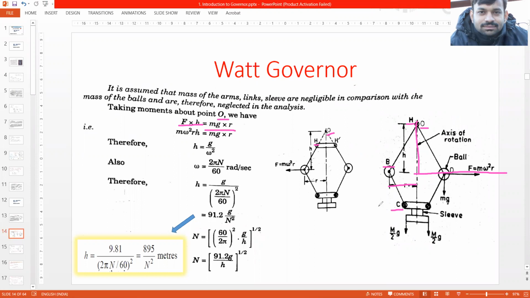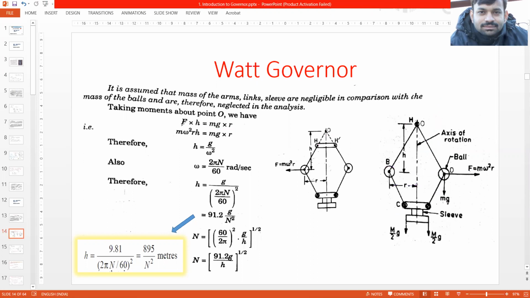Where is force mg? Small m multiplied by g, mg is over here, and its line of action is something like this. What is the distance between point O and this line of action? It is the radius of rotation, small r. So from this we can see that F into h will be equal to mg into r. This is the balancing equation.